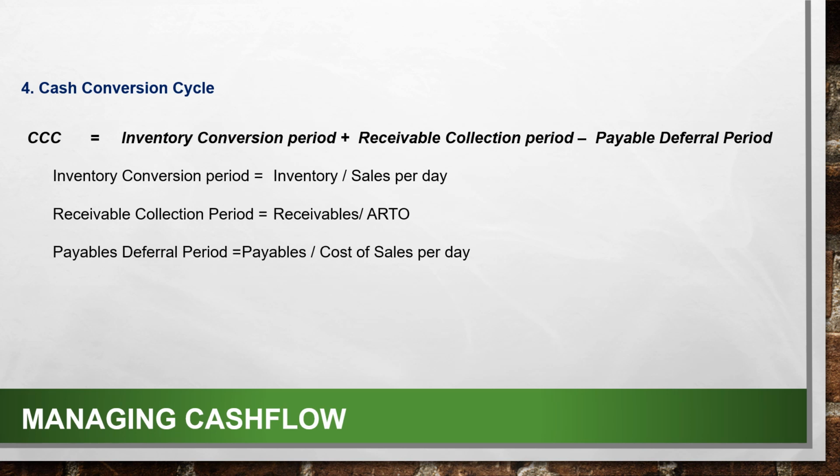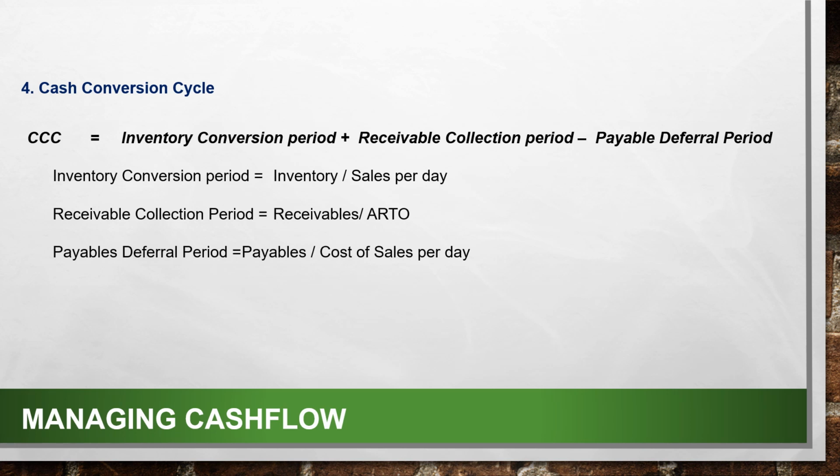Okay, so the answer is negative. If the result for this equation is negative, then that means you are collecting cash way earlier than you are about to pay your payables. So, for example, inventory conversion period is 30 plus receivable collection period is 20 minus our payable deferral period of 60.